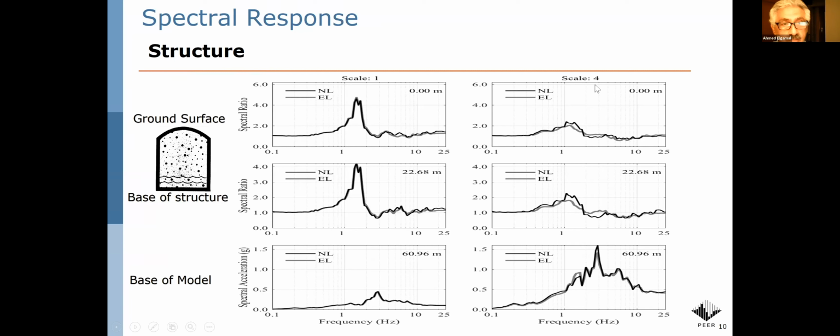And even under the high level of shaking, 4 times the shaking level, the response is not bad. And the high frequency is absent anyway, because of the filtering effect that resulted from the presence of this rigid structure deeply embedded, as you see in this case.